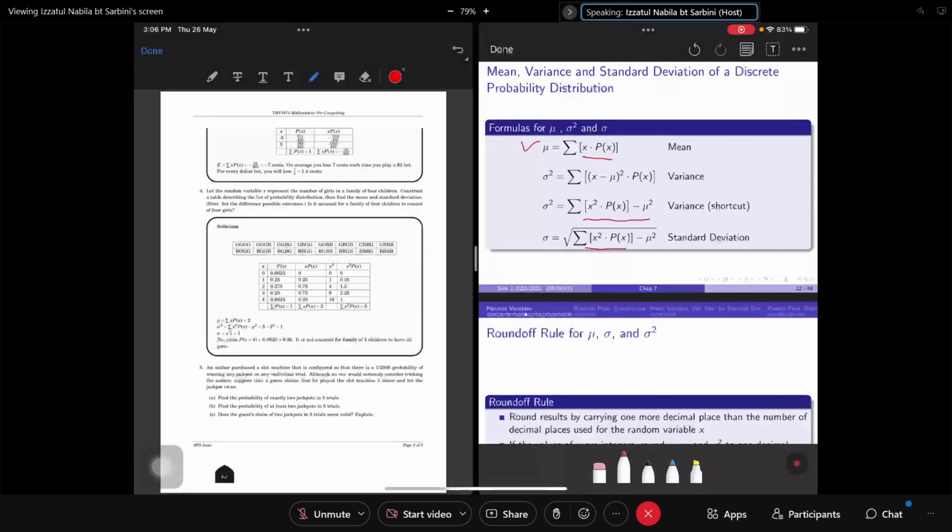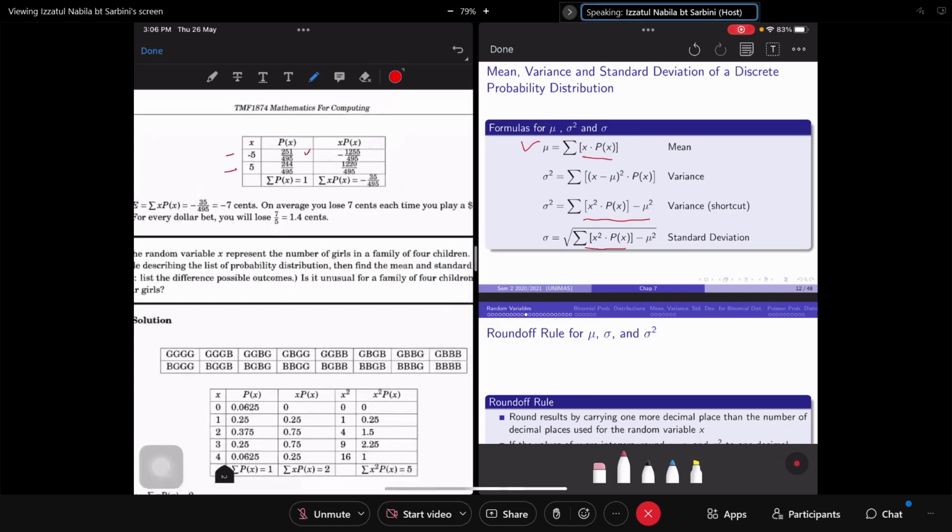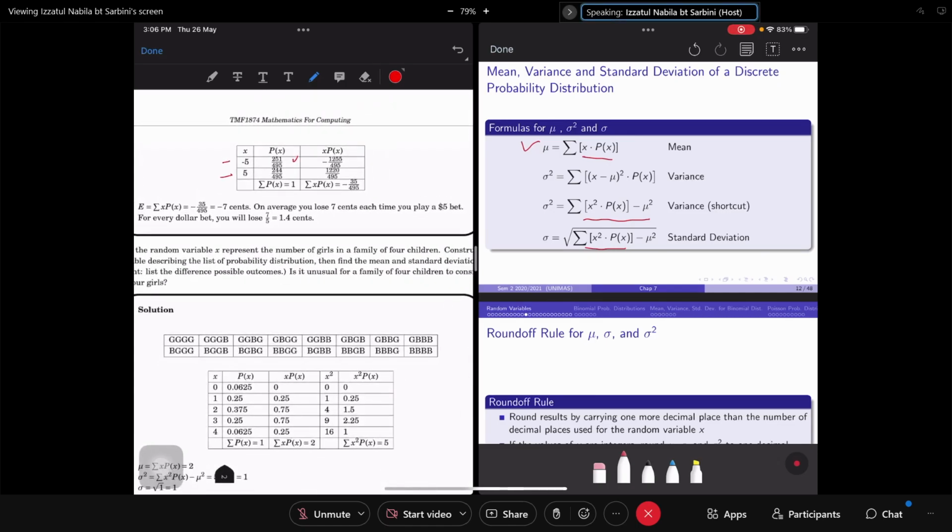Now you have two situations: whether you lose or you win. The probability of losing is 251 over 495, and the probability of winning from the question is 244 over 495.